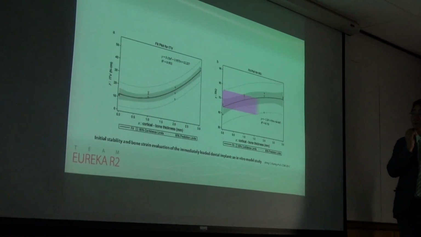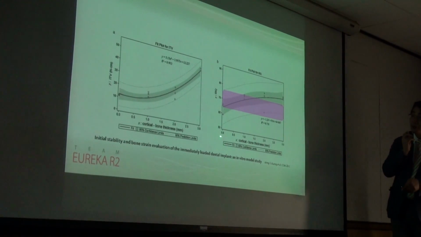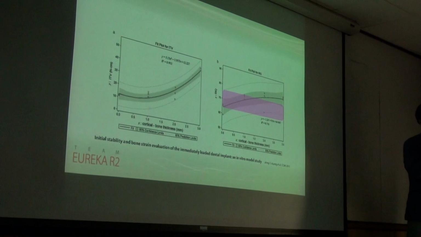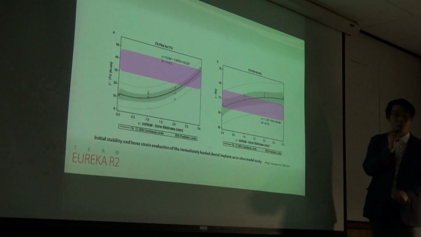How about ISQ values over 65? Even though there is no cortical bone, only trabecular bone, we can easily obtain ISQ values over 65. It means that in loose, soft bone, we can obtain high ISQ values. But if there is no cortical bone, we cannot obtain good insertion torque values.